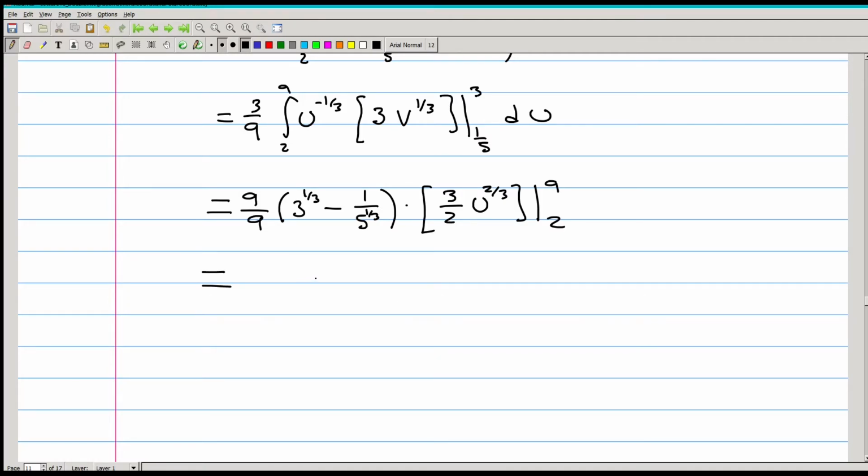And so our final answer then will be 3/2 times 3 to the 1/3 minus 1/5 to the 1/3 times 9 to the 2/3 minus 2 to the 2/3.